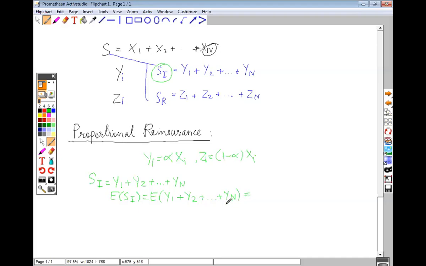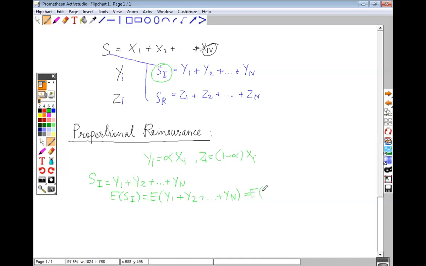How can I rewrite this as? Expectation of alpha x1 plus alpha x2 plus alpha x.